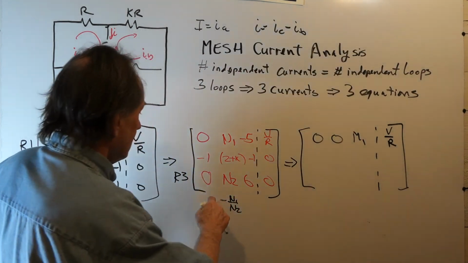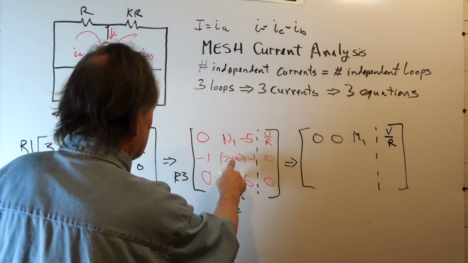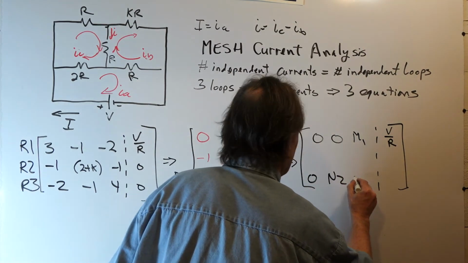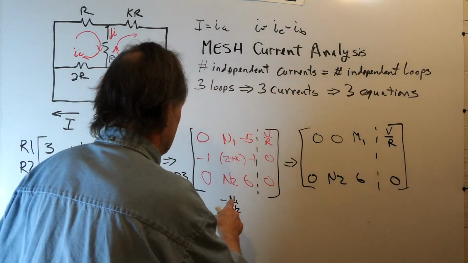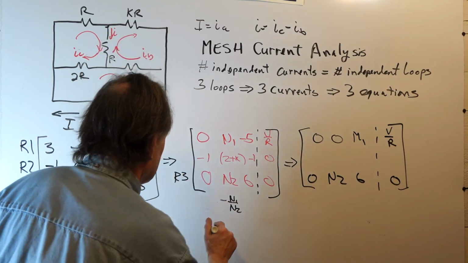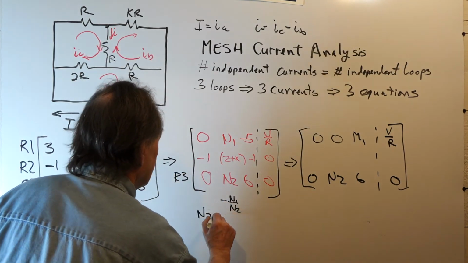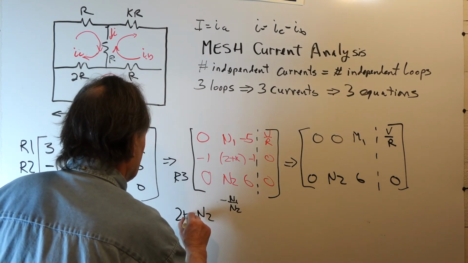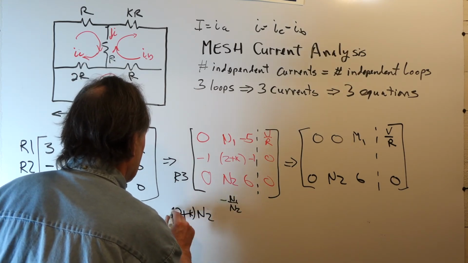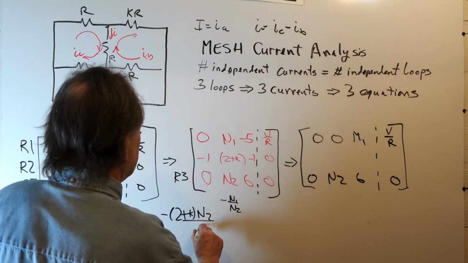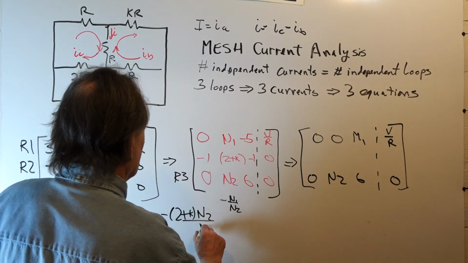Now, we do the same thing on this row. Again, we're not touching this one right now. So for this row, we take n2 and multiply by 2 plus k divided by n2.